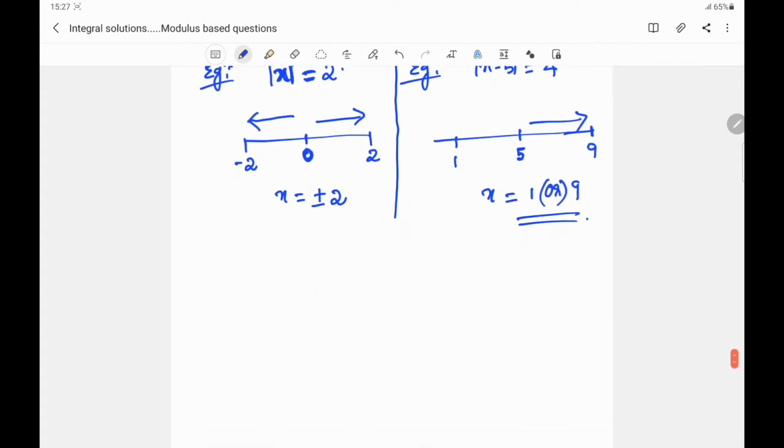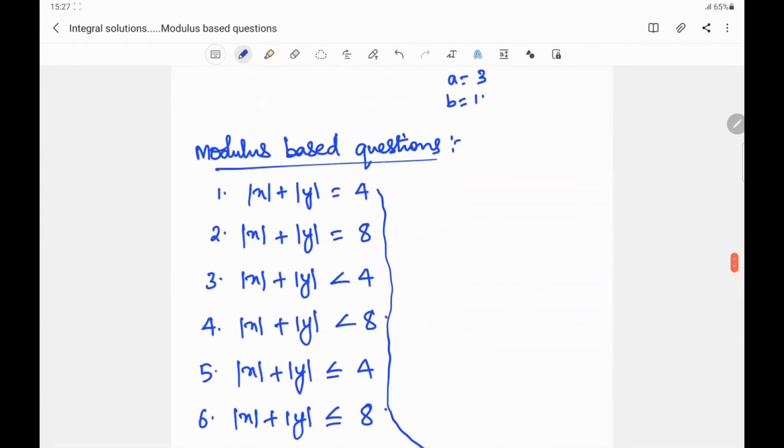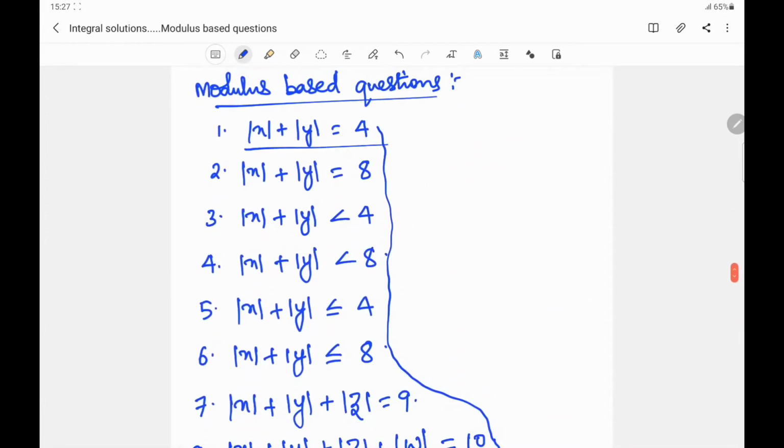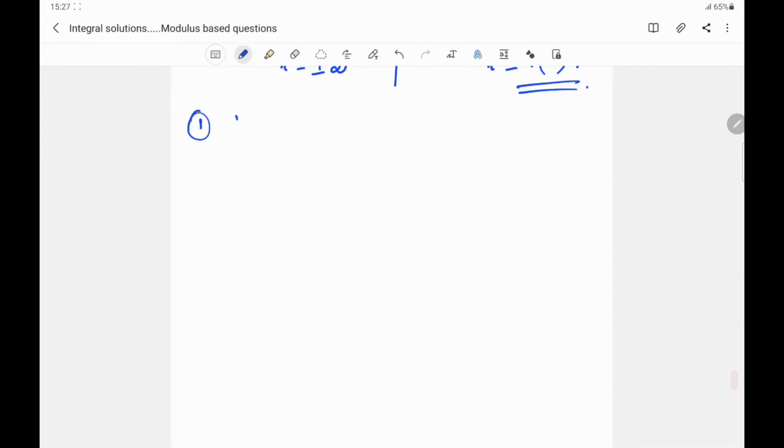Now let us go back to the first equation. So the first equation which we will solve is modulus of x plus modulus of y is equal to 4.